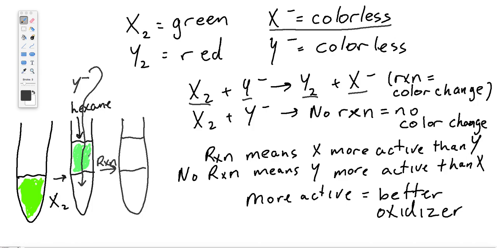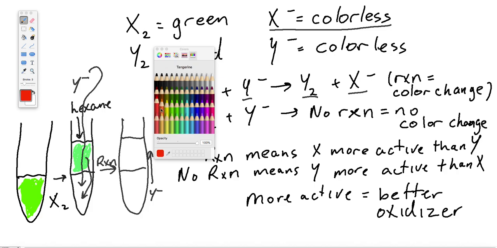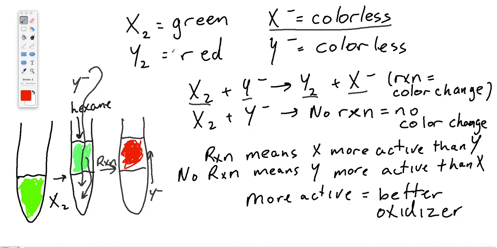So this green will go down into the bottom layer and become colorless, but the Y minus, which is colorless initially, will actually go up into the top layer, and that top layer will turn red. And that will indicate that a reaction has actually occurred.